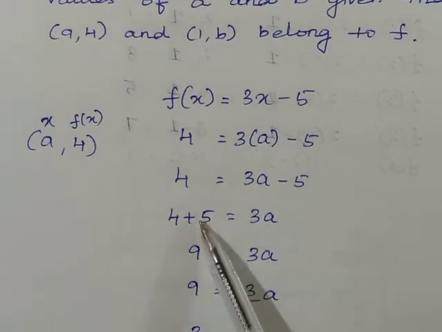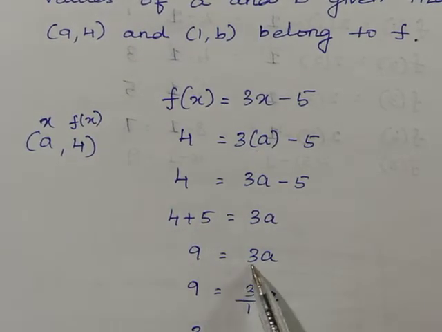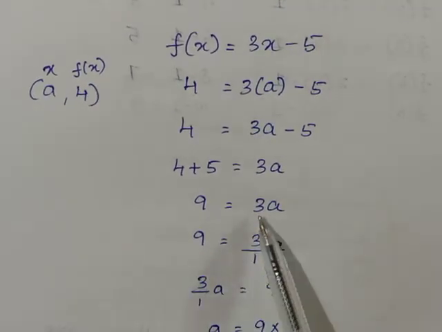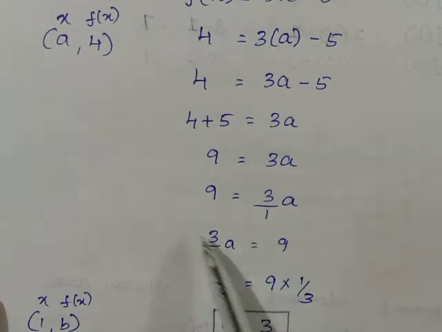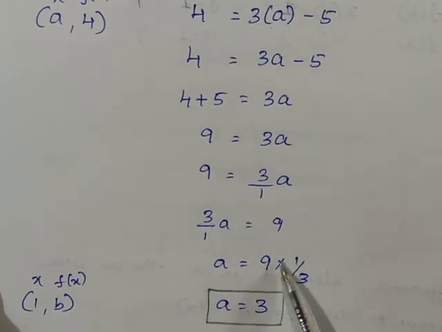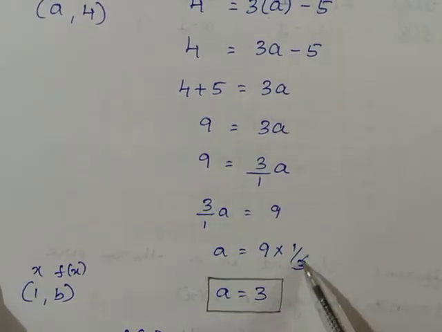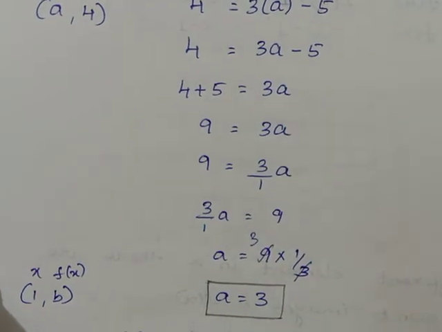Minus 5 taken to the other side becomes plus 5. 4 plus 5 is 9, so 9 = 3a. Therefore a = 9 into 1/3. 3 divides 9 three times. So the value of a is 3.